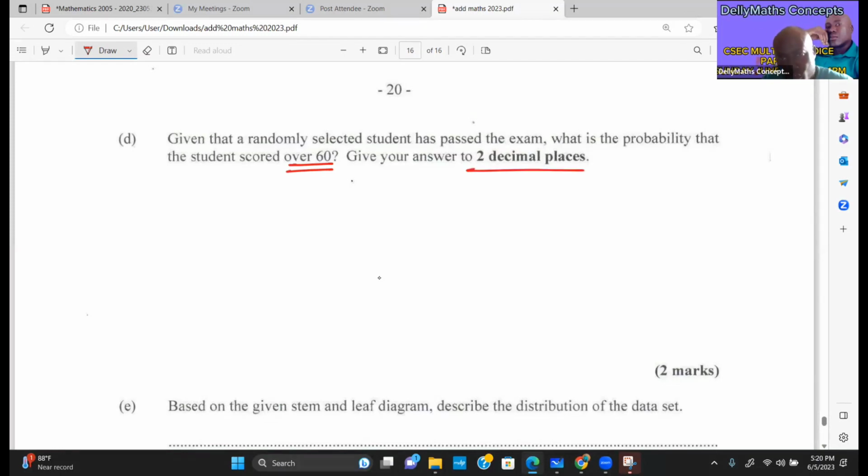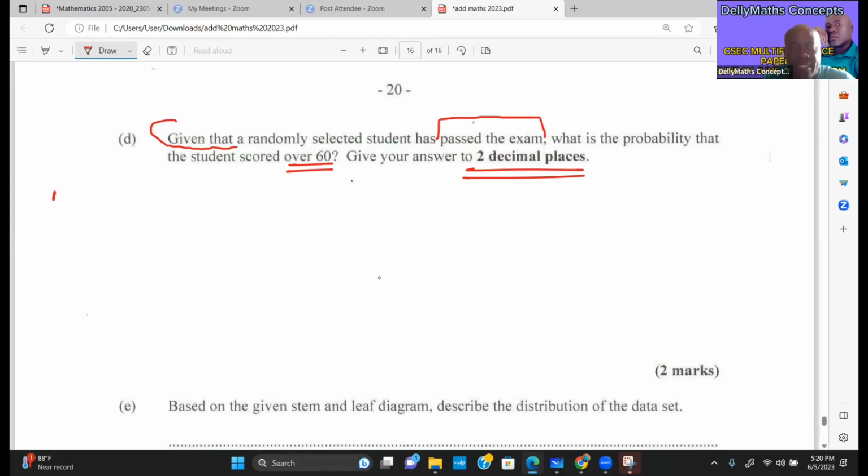Give your answer to 2 decimal places. Over 60. This never said 60 and over. Let me read again. Probability that he score over 60. All right. Now, given that, here's the condition. So this is a conditional probability, but look at this. Given that a randomly selected student has passed, so we're going to be selecting from those who have passed.